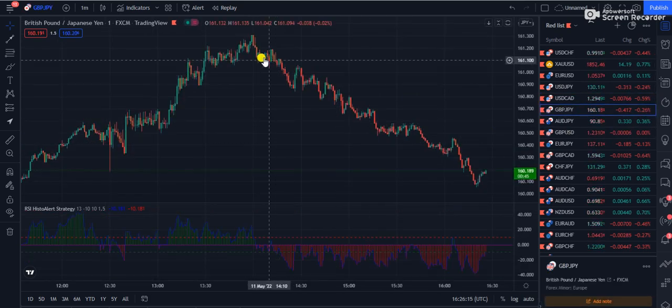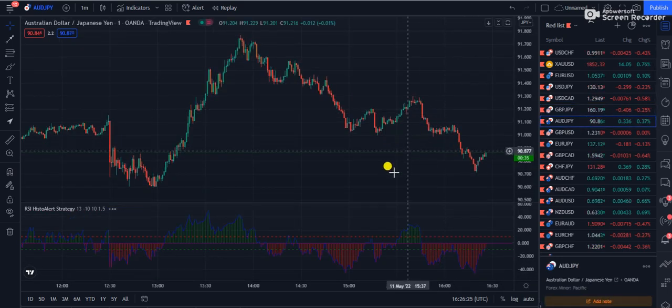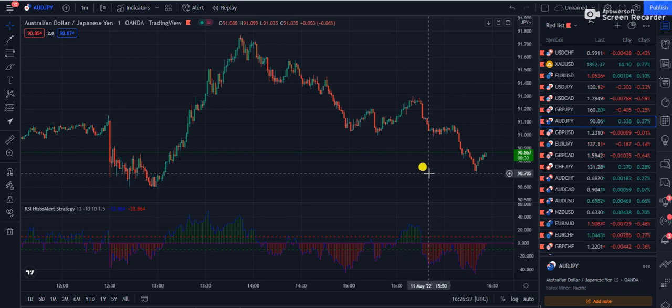Okay, this is a good pattern, GBP JPY. Look here, the histogram turned red, and you can see it is still red, and overall efficient and perfect results are coming. Even look here at AUD JPY. So JPY pairs are performing very well, and gold is also very good. So the main thing you need to focus on while using this indicator is volatility, right?